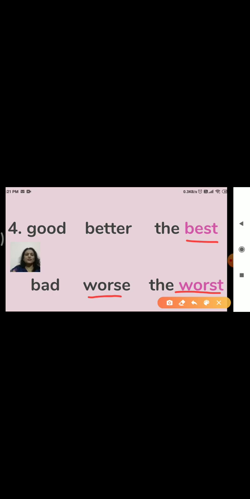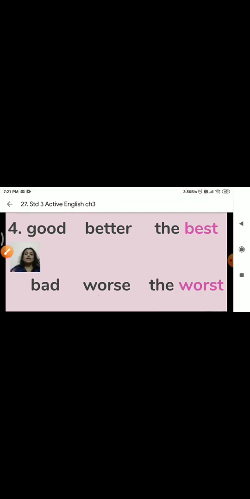So these are called irregular comparison, where we do not add er or est, but we form new words to make our comparative and superlative degree.